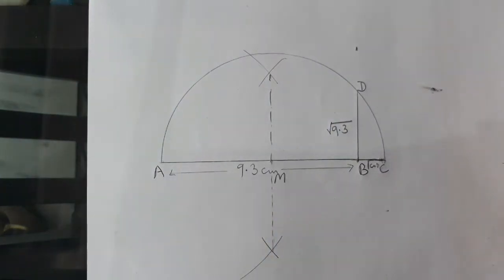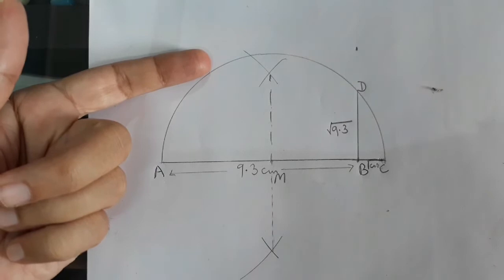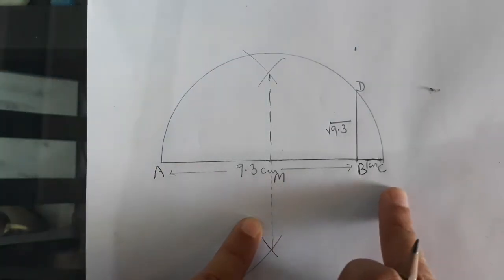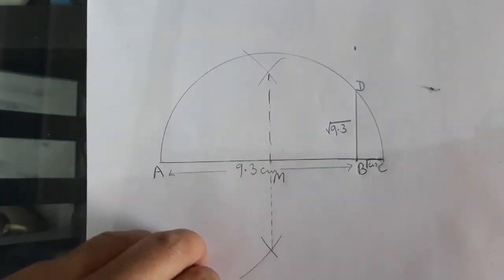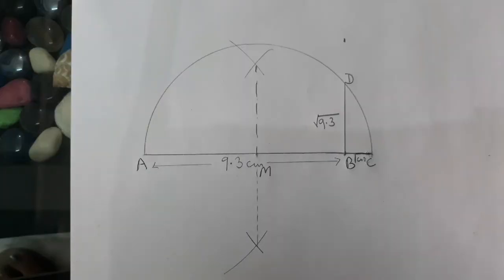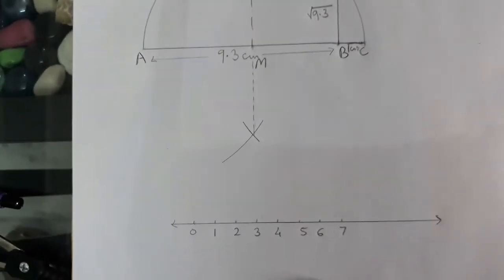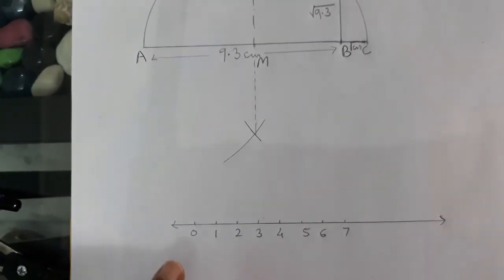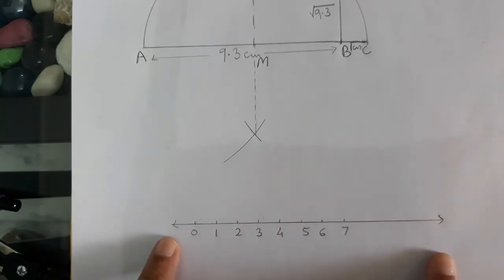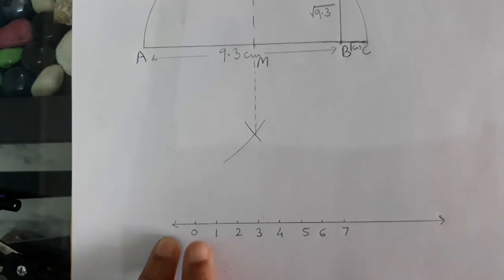But over here we have to represent this length under root 9.3 on the number line. For this there are two methods. One of the methods is we draw a number line below this. Remember all the points on the number line are equidistant, so use a scale to draw it.